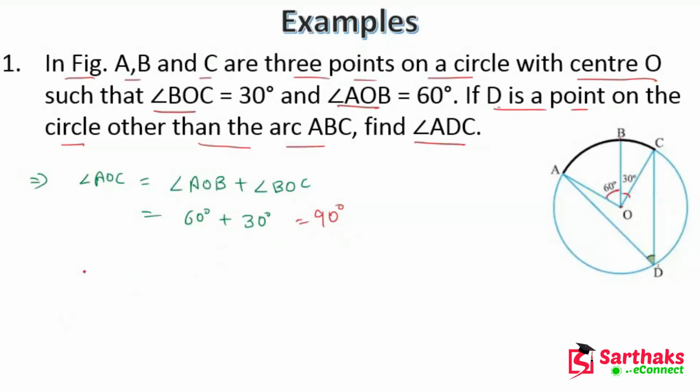Now we know that arc ABC subtends angle AOC at the center, and angle ADC at the point D. We know that the angle subtended by an arc at the center is double the angle subtended by it at any other point.